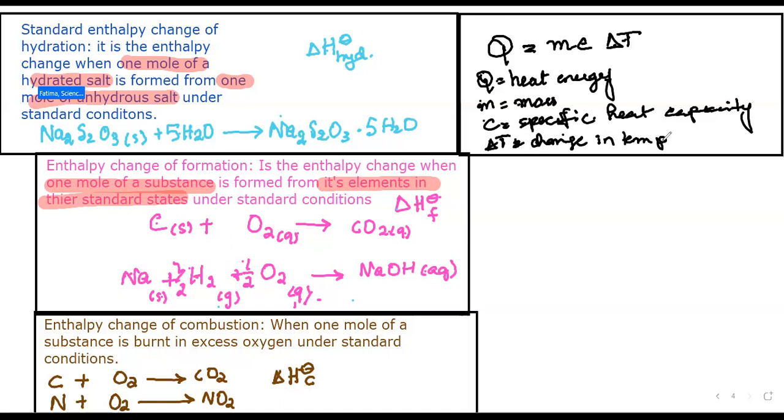If you take the heat energy you have calculated and divide it by the number of moles, you will be able to calculate the enthalpy change. So if you want to calculate enthalpy change, all you have to do is divide the heat energy by the number of moles.